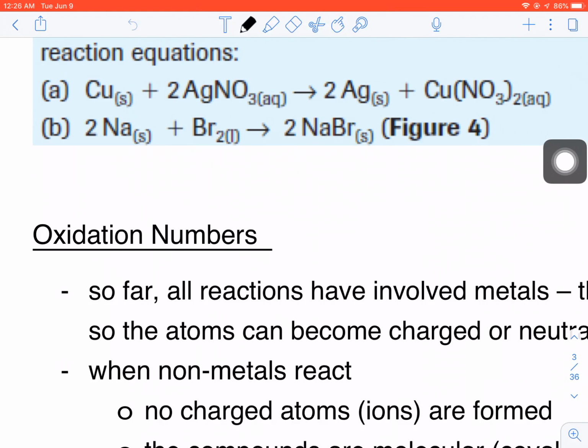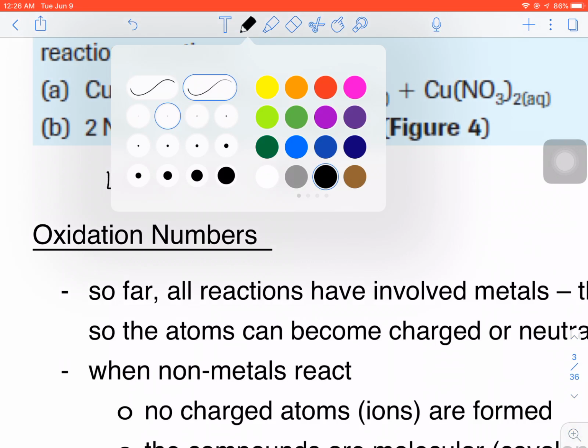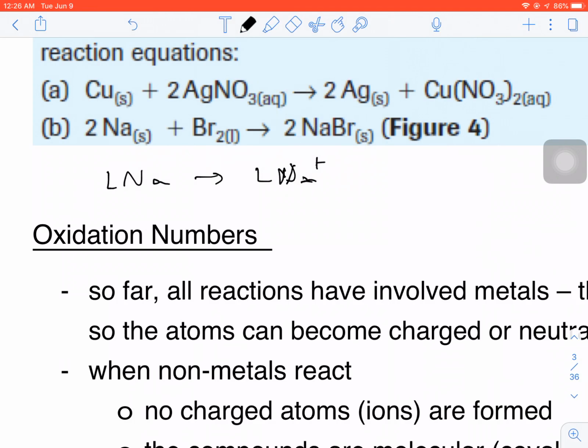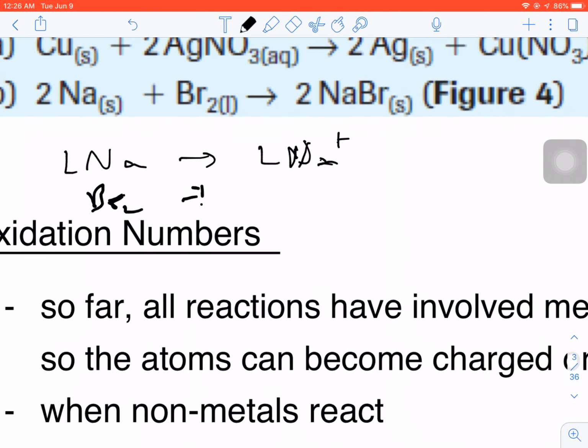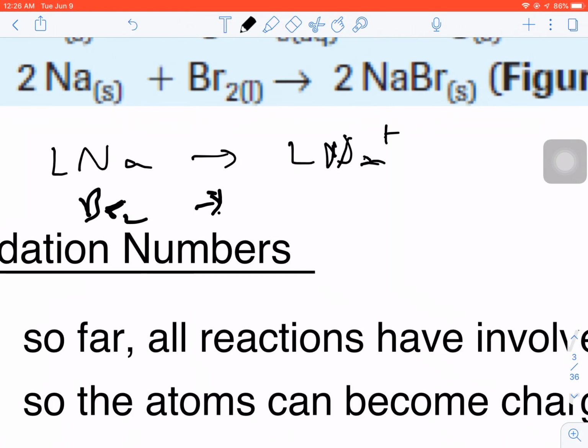So notice what my 2 half reactions are. I have 2 sodiums on the left and 2 sodium ions on the right. It's a bit bigger. And I have a Br2 on the left and 2 bromide ions on the right.